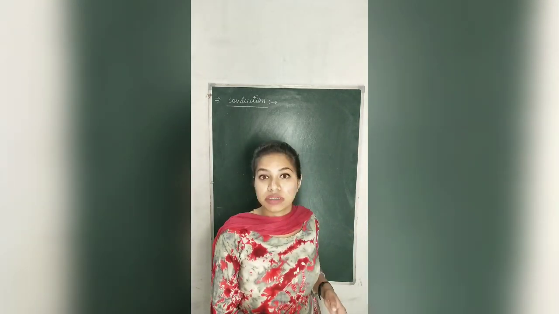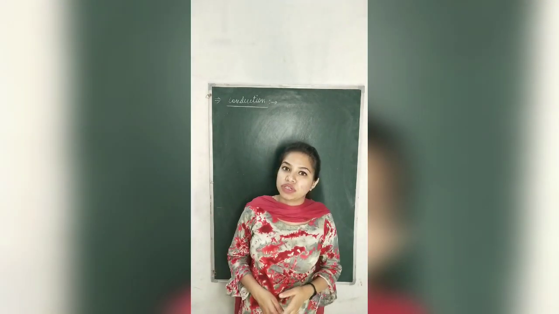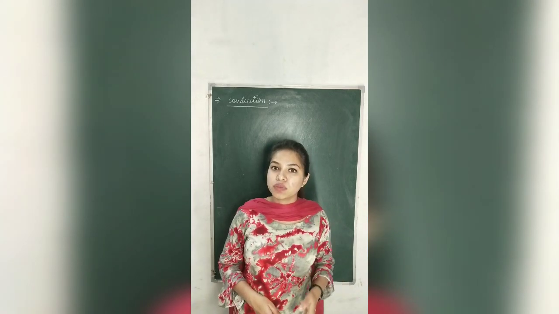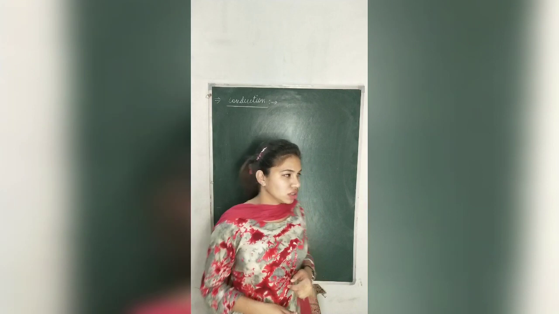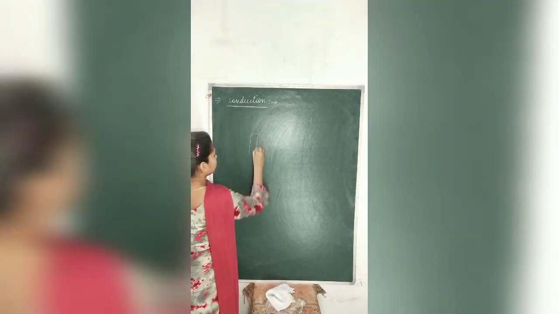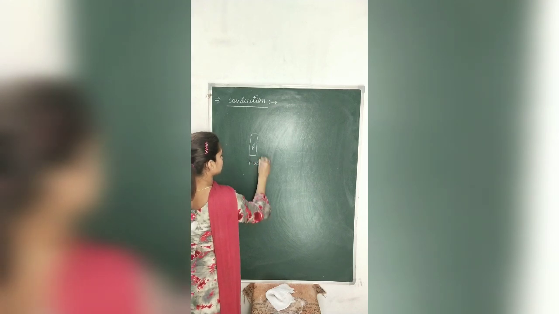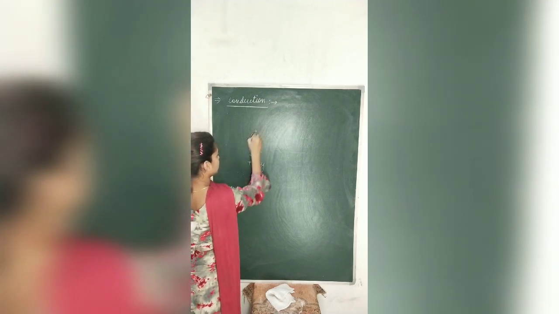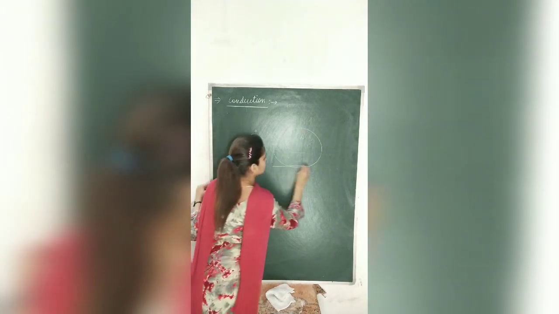So when a charged body comes in contact with an uncharged or neutral body, then body B also gets charged. So this is the process of conduction, when charge flows from one conducting body to the other body, and as a result the other body B also gets charged. So body A is a rod which is positively charged, and this is a sphere which is neutral initially.